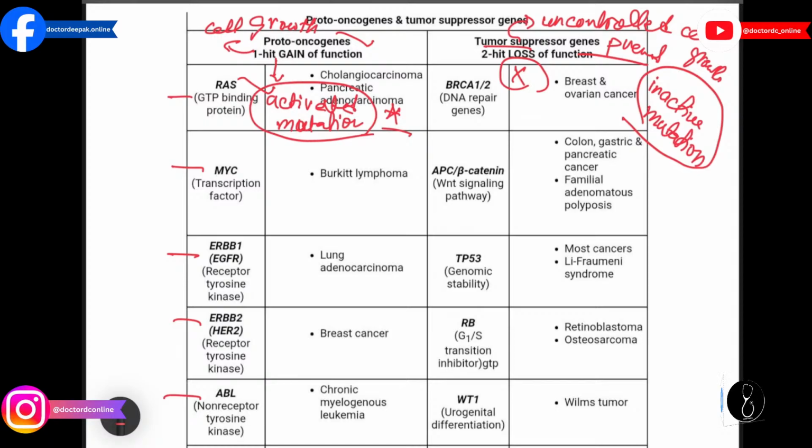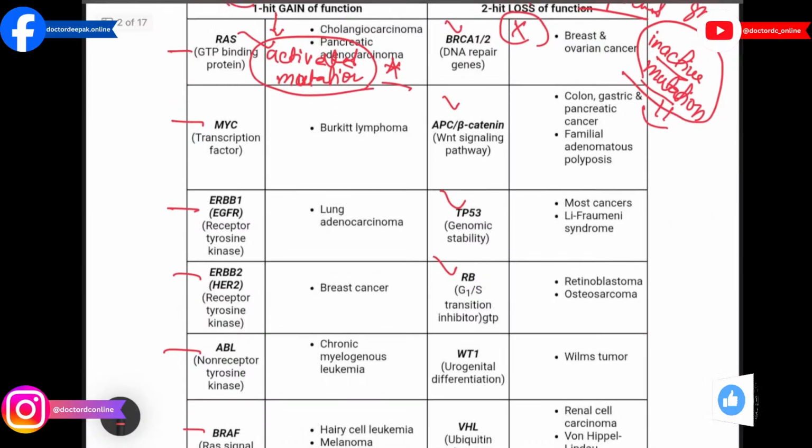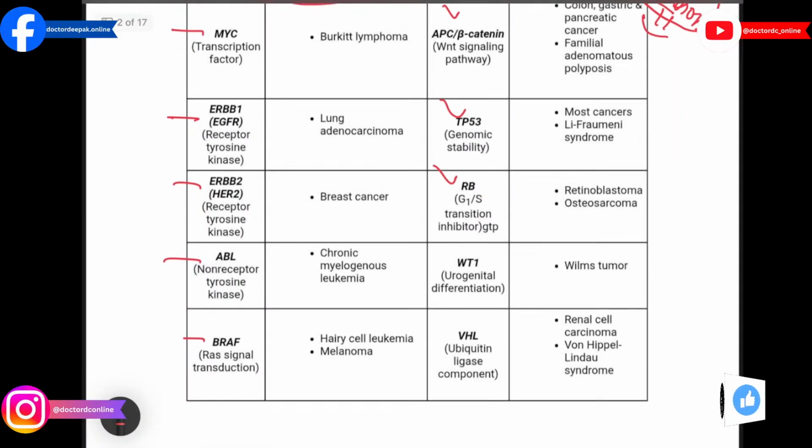So if an examiner is asking about an inactivating mutation, then the genes that are responsible are BRCA1 and 2, APC, beta-catenin, TP53, RB, NF1, and VHL. Okay?